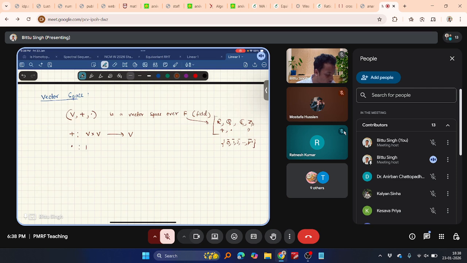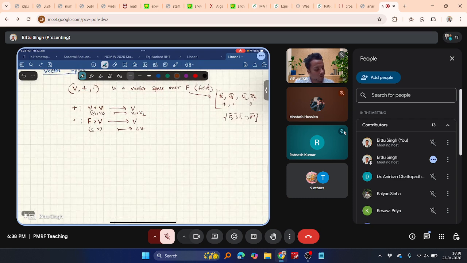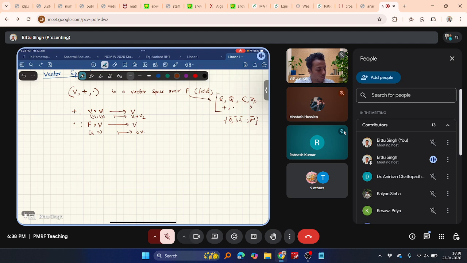If we take an element from the scalar field F and another element from V, then if we do scalar multiplication we get an element from V. So if we take any two elements v1, v2, we get an element v1 plus v2, and if we take some element c comma v, we get c times v. And those two operations have some properties.